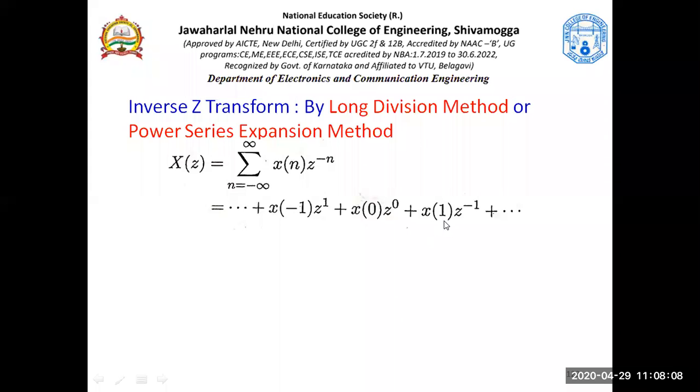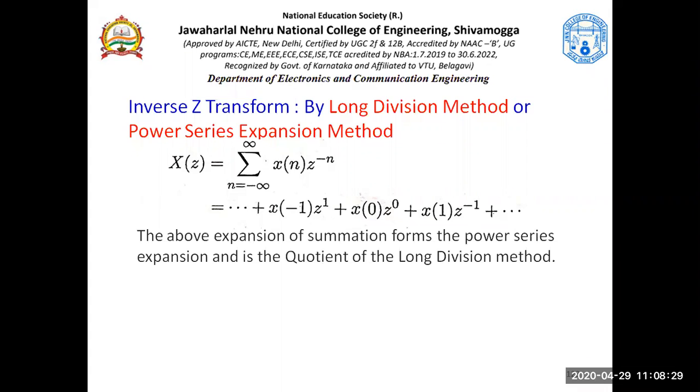If the time domain sequence is a positive time sequence, then you should try having the negative powers of z, so that you can extract the positive time sequence from there. So this is the basic essence of this long division method.